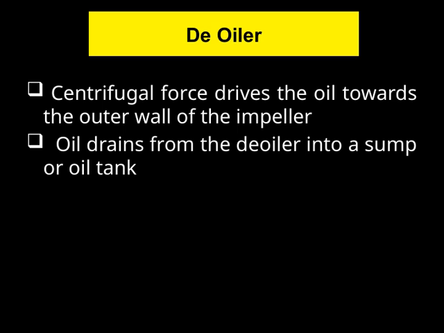This step is crucial because it helps in maintaining the efficiency of the separation process, ensuring that the gas is as oil-free as possible before moving on to the next stage. The de-oiler's design leverages centrifugal force to improve separation, making it a vital component in the overall system. This process not only helps in oil recovery, but also keeps the equipment running smoothly by preventing oil buildup.